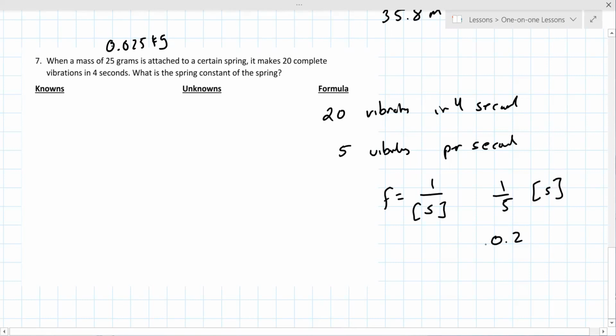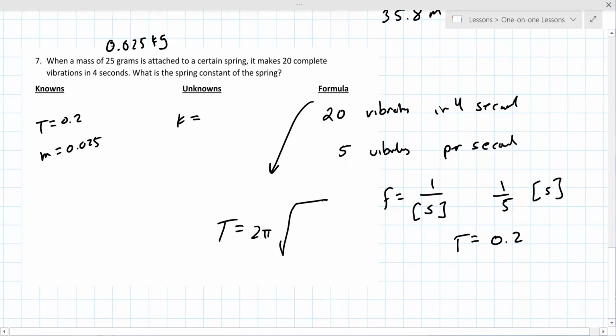So the reason we need to do all that is to be able to answer this question. We're trying to find k, and we know that the period is 0.2. We also know the mass is 0.025. The formula is T equals 2 pi square root, I believe it's m over k.